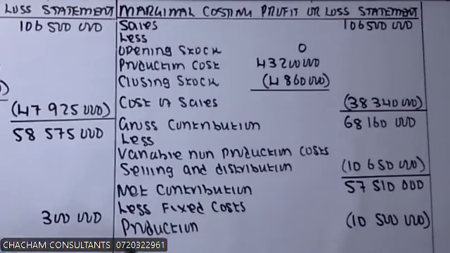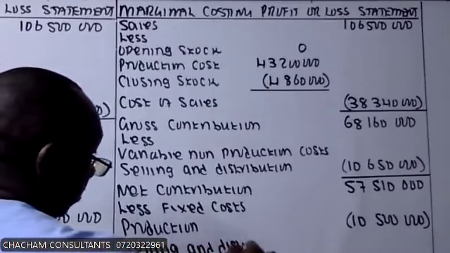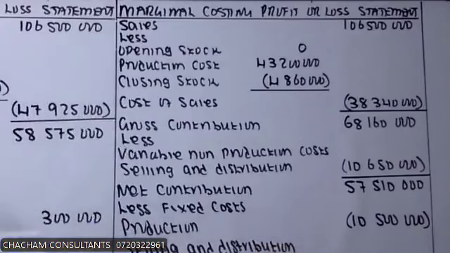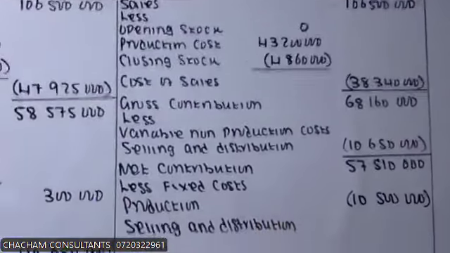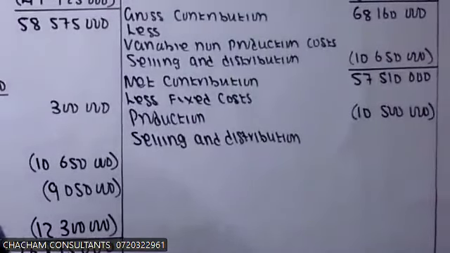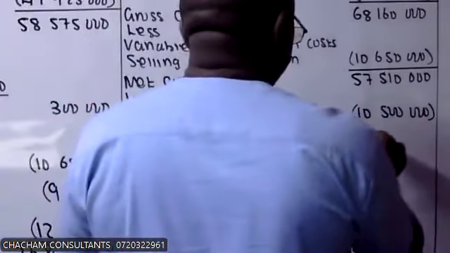Then there was selling and distribution. Now, selling and distribution, the same way we had it at absorption, it is $9,050,000.